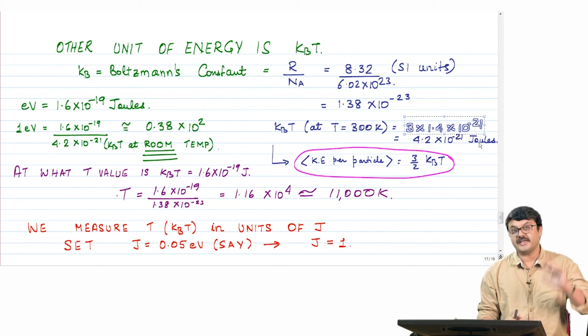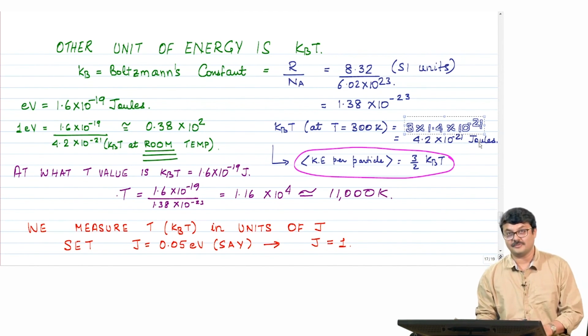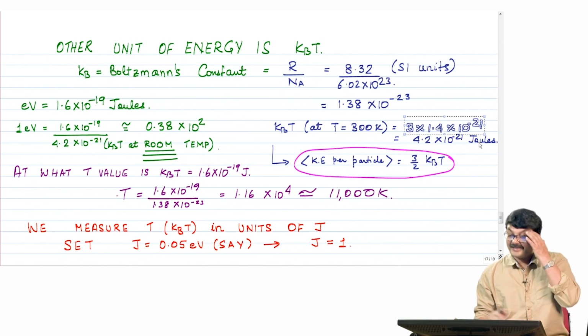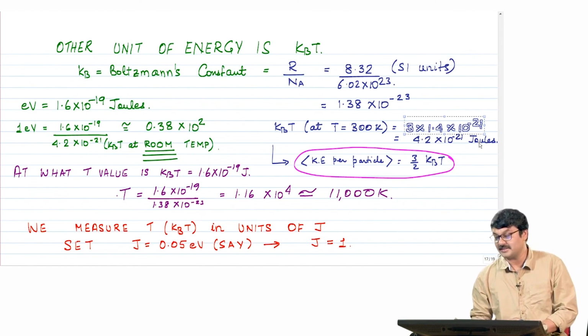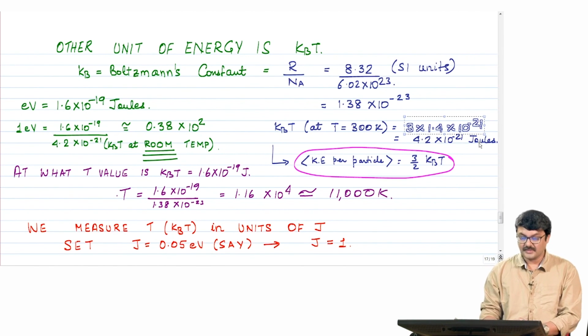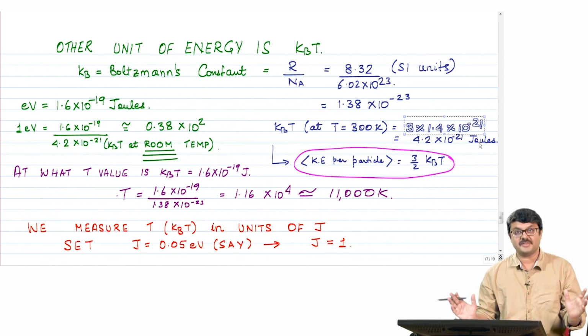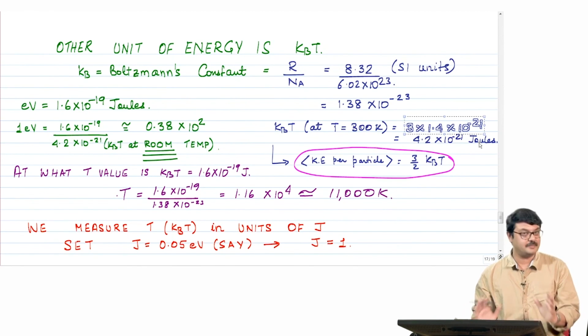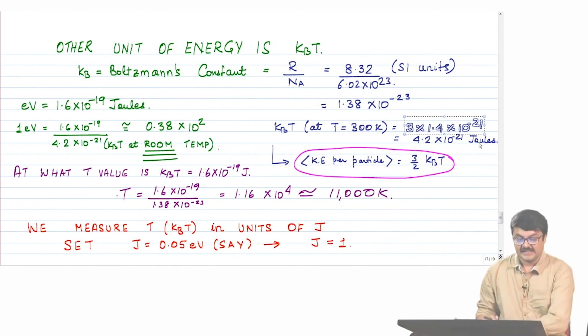So, J is measured in electron volts typically, and kBT is measured in, say, joules. Now, we can't be working with different units. So, we have to set the units for our simulations, and we want to have an easy unit.